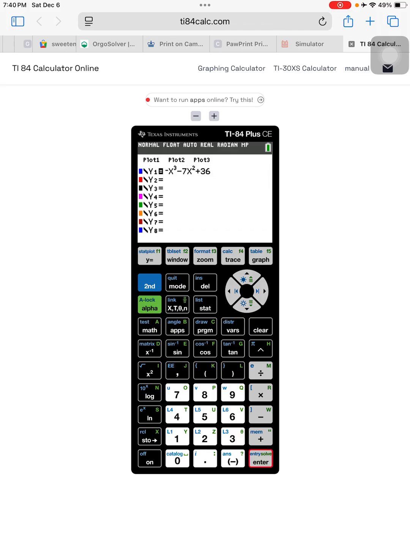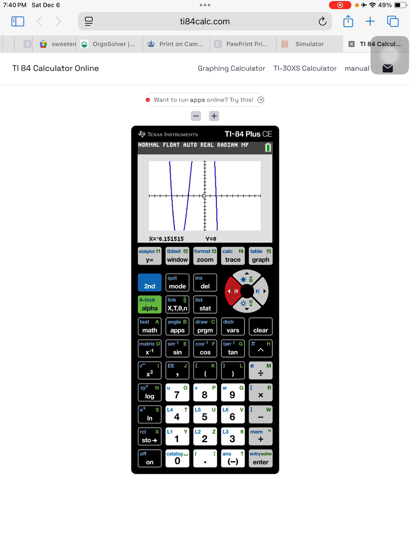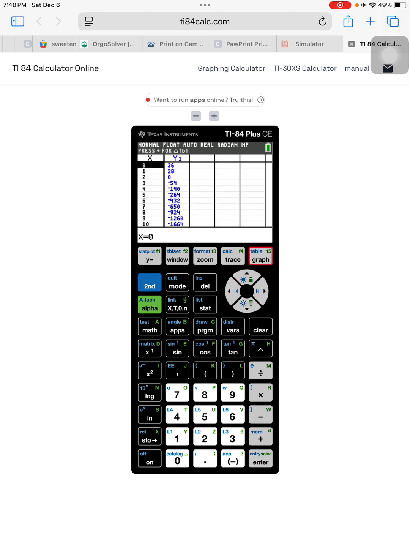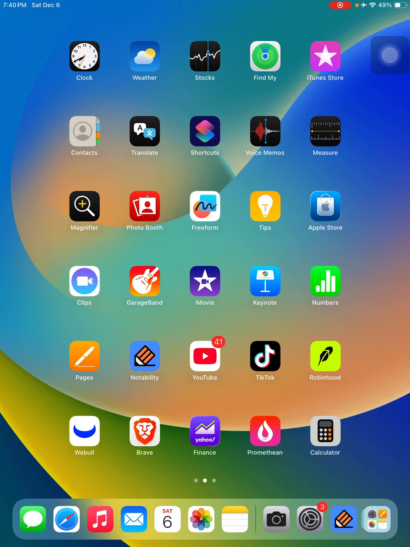All right, so let's graph this. Oh, graph, perfect. It's x cubed. It has 3 zeros. I'm going to check my table to find all the zeros. Great, this is perfect. I have a 0 at negative 6, a 0 at negative 3, and a 0 at 2. So that's what I'm going to do.